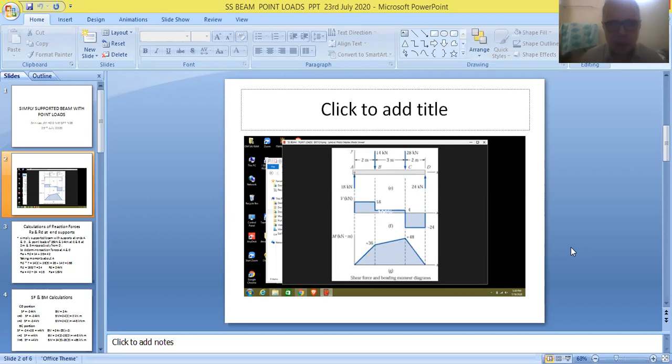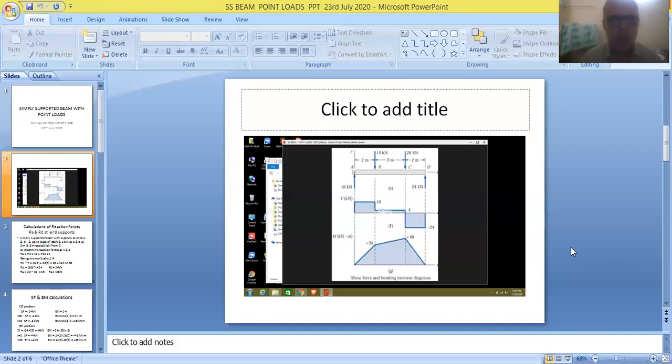So by taking the values of shear force, we have to construct one diagram. It is called a shear force diagram. And by taking the values of bending moment, we have to construct one more diagram.